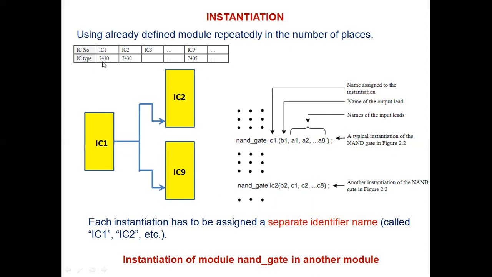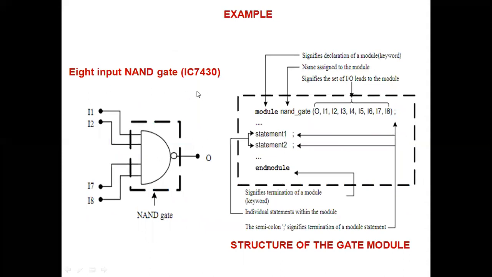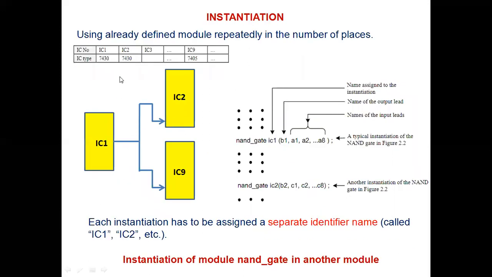If you observe here, IC1 and IC2 are both 7430. So IC7430, that is the 8 input NAND gate, you have already designed. Already you have a module defined, readily available with you. Then what is the necessity of writing the code again for defining the module for IC1?